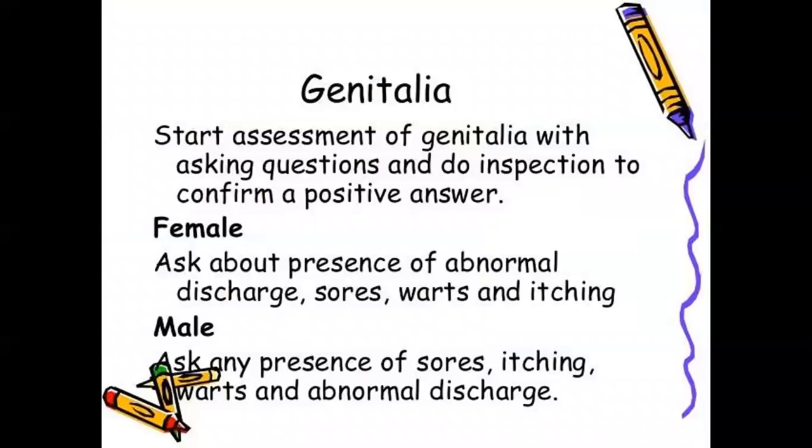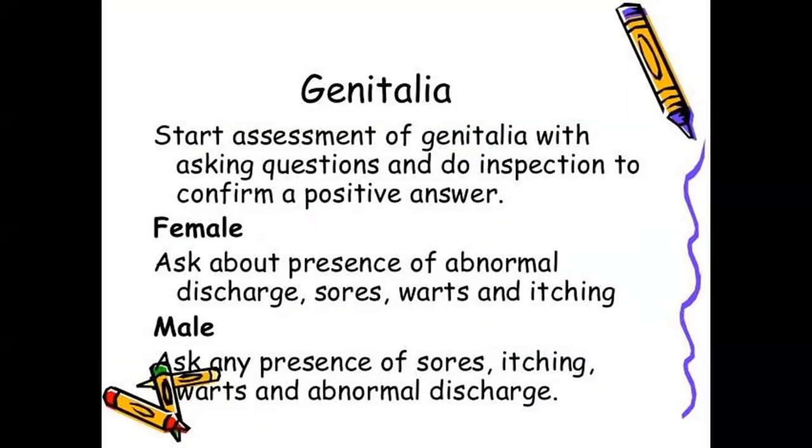So coming to the genitalia. Whenever you are assessing the genitalia, keep on communicating with the patient, so that you can expect a positive attitude from the patient. If you are doing assessment in a female, you have to ask about the presence of abnormal discharge, sore, warts, itching.